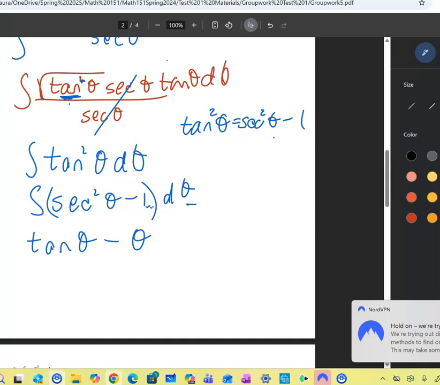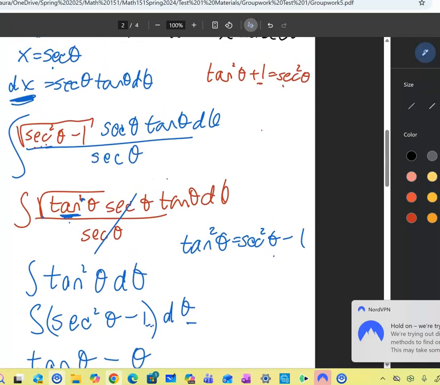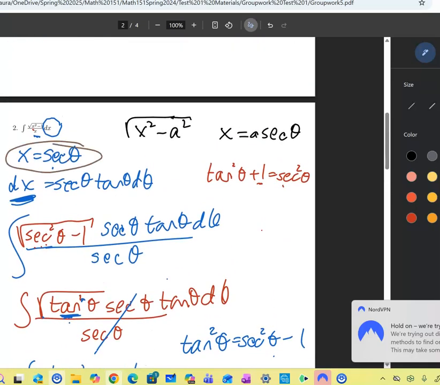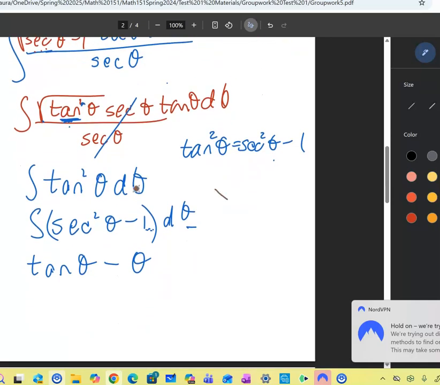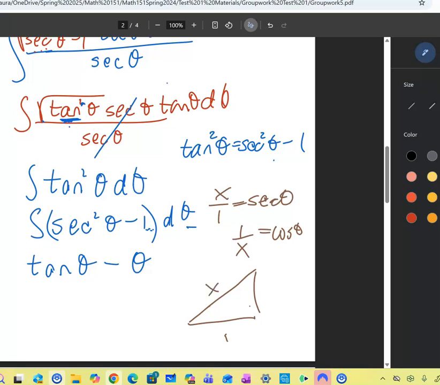All right, so now I need the triangle to get it back to x's. The triangle comes from this, so let me just write it down here. x over 1 is secant of theta, or you can think of it as 1 over x is cosine of theta, however you want. So I make the triangle. I have adjacent over hypotenuse, or hypotenuse over adjacent, either way.